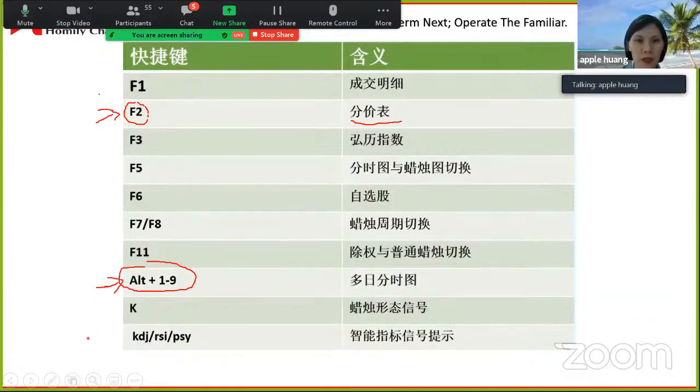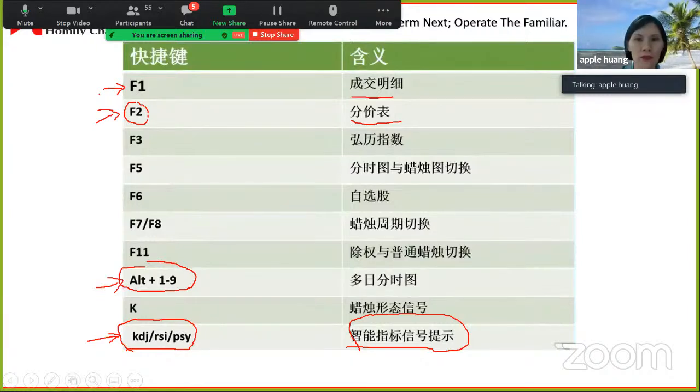And you can also use this hotkey to get some elegant indicators. The next important one is F1.